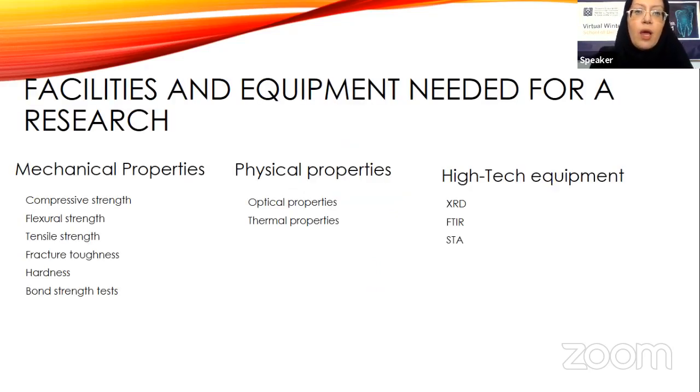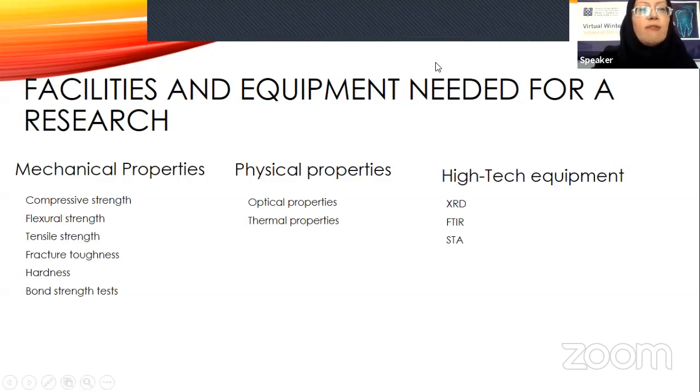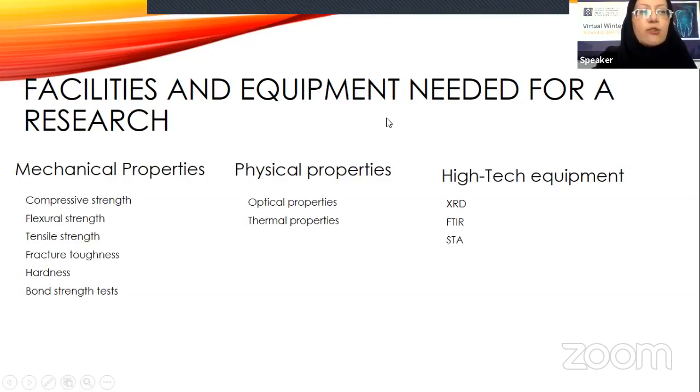So today I'm going to talk about different test methods. I focus on the mechanical properties, and besides I try to introduce you to our facilities and equipment in the Dental School of Tehran University of Medical Sciences. You have to consider that for evaluation of the properties of a material, some facilities and equipment are needed.